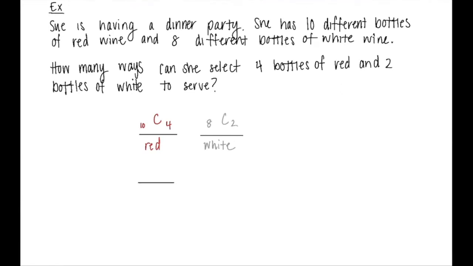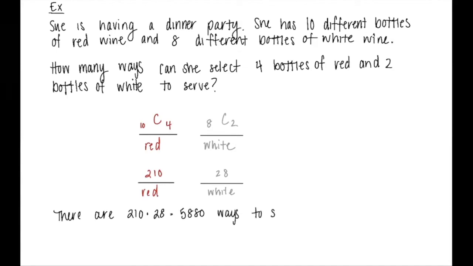So if you go ahead and calculate these, 10 choose 4, you should get 210 options for the red wine and 28 options for the white wine. So in total, there are 210 times 28, which is 5,880 ways to select the wine.